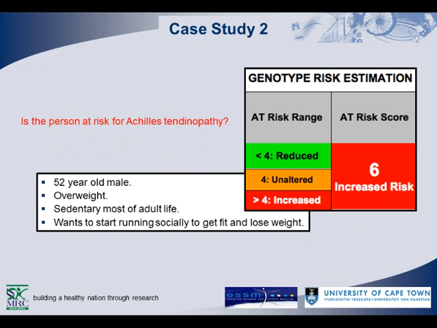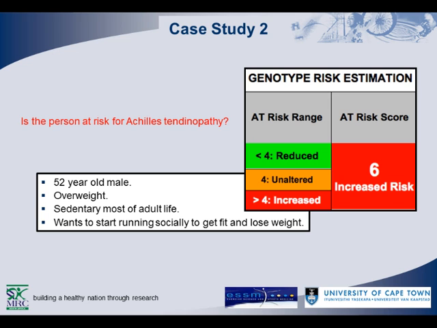Another case: an individual comes in, he's 52, he's male, he's overweight, and he lives a sedentary life and wants to start running socially to get fit and lose weight. Would he be at an increased risk of sustaining musculoskeletal soft tissue injuries? For example, if we did his genetic profile and he comes up with a risk score of 6, we know that a score of 4 and greater would put him at an increased risk.